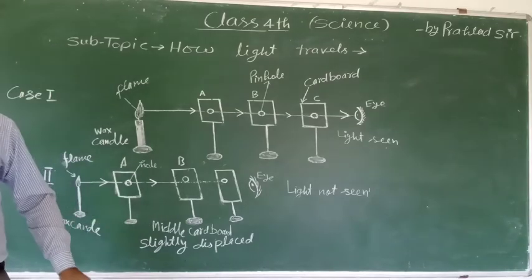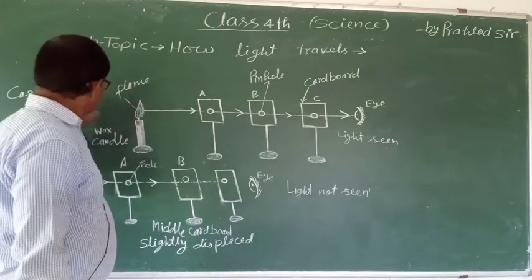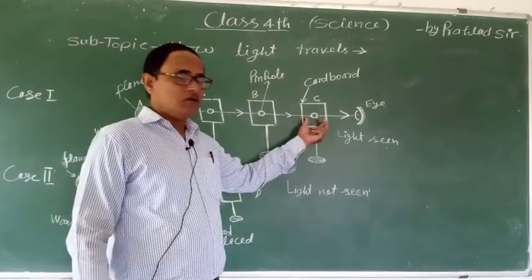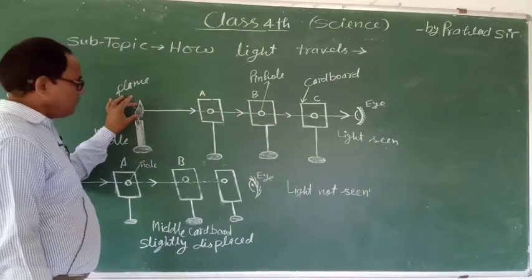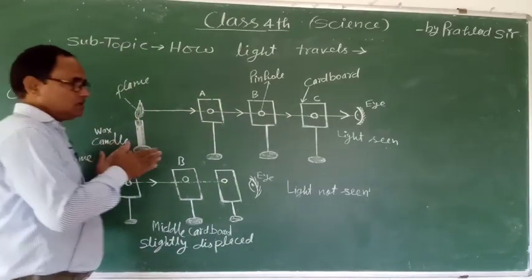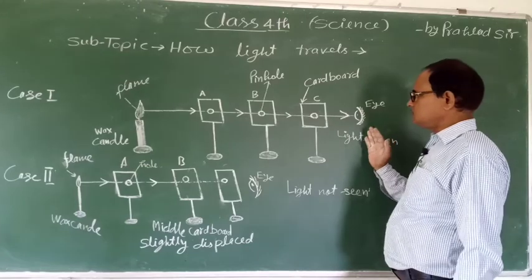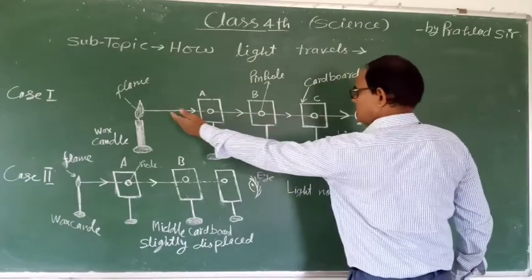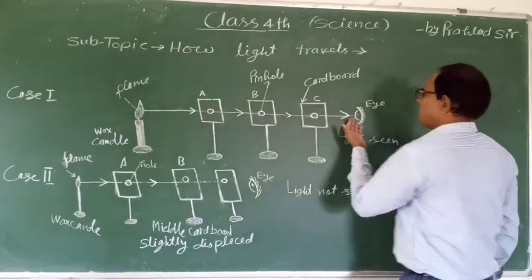The burning candle's flame should be at the level of the pinholes of cardboards A, B, and C. After arranging, we look from the other side through the hole, and the light travels, passing through these three pinholes and falling on our eyes.